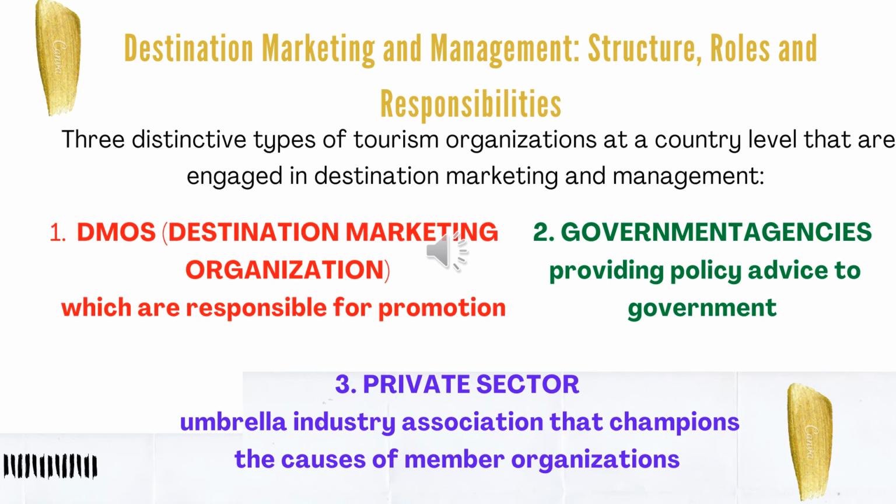Obviously, tourism services and tourism destinations, specifically the destination. Second, government agencies providing policy advice to government. And the third, private sector umbrella industry associations that champion the causes of member organizations. So let's have a deeper look at these organizations in the following slides.